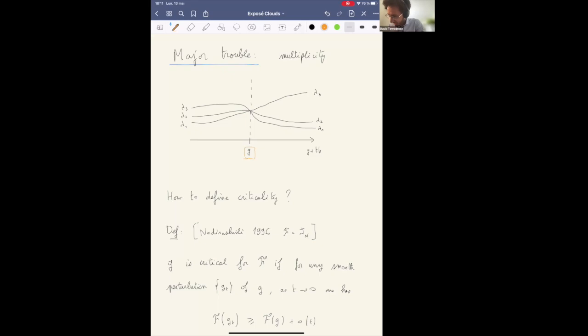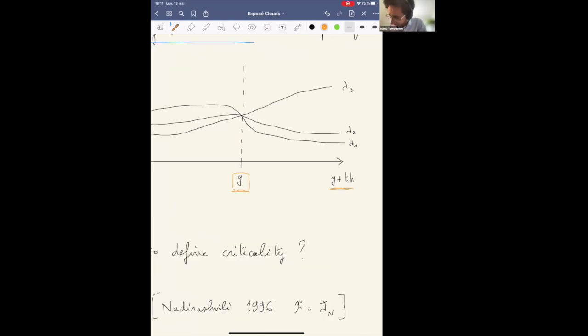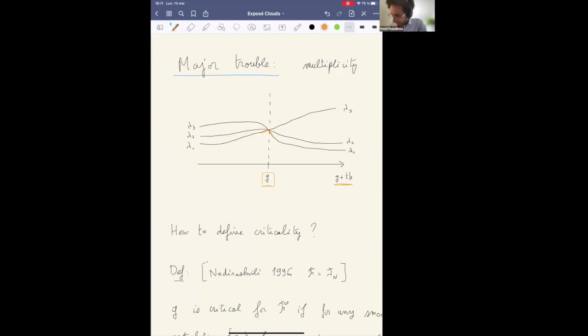You perturb some metric g in some direction h, so g plus th, and at the metric g, the first eigenvalue has multiplicity 3. And as soon as you go away from g, you have 3 distinct eigenvalues. And because of this, you have some non-smooth phenomenon that appears here, a break in the regularity of the branch.